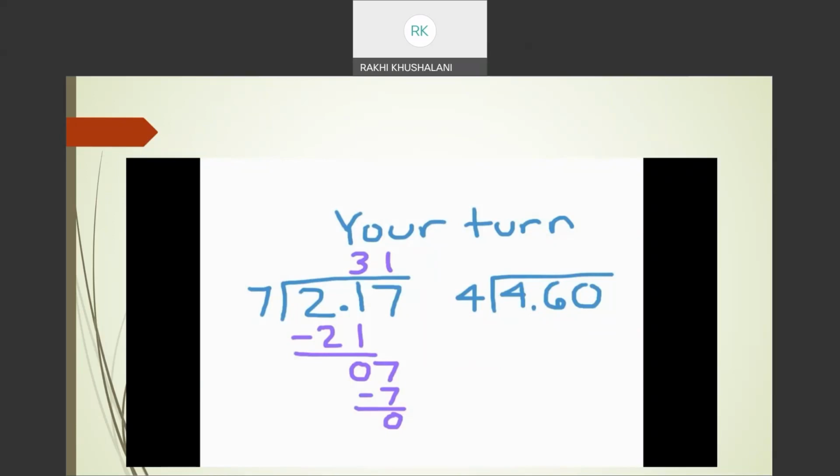Children, take it down in your copy and try it out. I'll just give you a 2 minutes pause here. That is very important. Because trying right now will retain it in your mind.